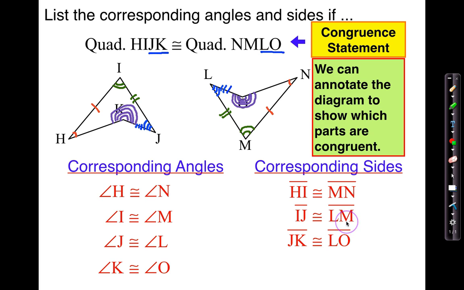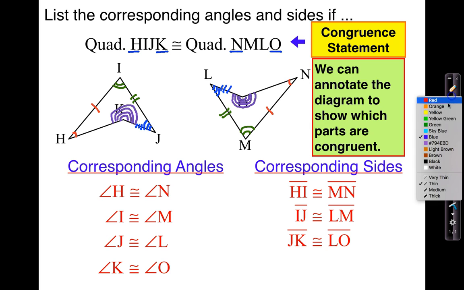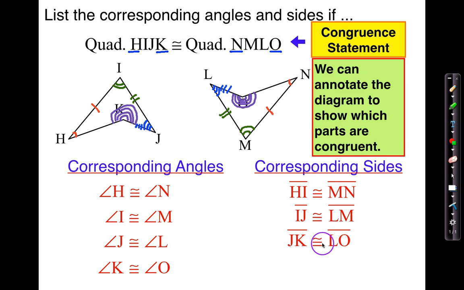And then you're probably wondering, okay, what about the last one? We've kind of reached the end. You know, what's the other point? Well, then we go to the end. We can go ahead and say first and last. HK is congruent to NO. So let's go ahead and you'll notice there's yet another length, and you can see that.